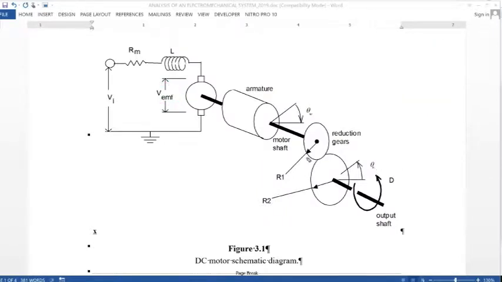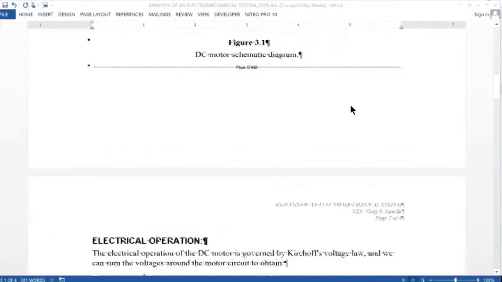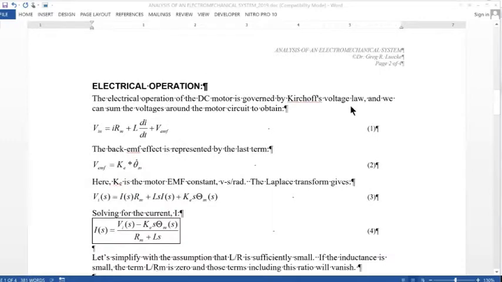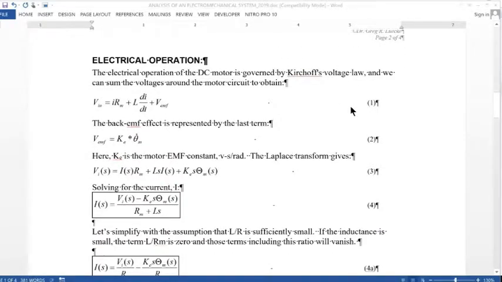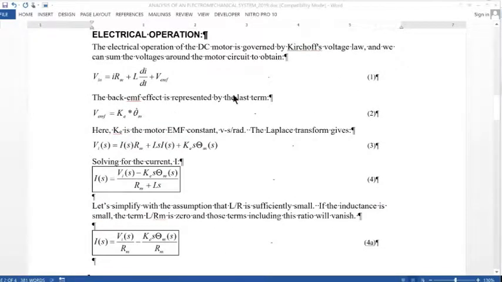So for mechanical engineers, we break our pieces down into smaller pieces. Let's just look really quickly here at the electrical operation of the motor. What we can do is sum the voltages across. So we have an input voltage.